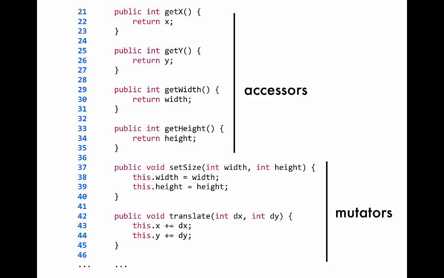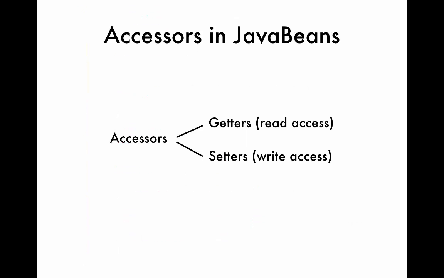Well, we need to clarify this because it turns out that different people use the term accessor differently. You might see someone talk about accessor methods as both getters and setters because getters provide read access to some part of the object and setters provide write access to some part of the object.